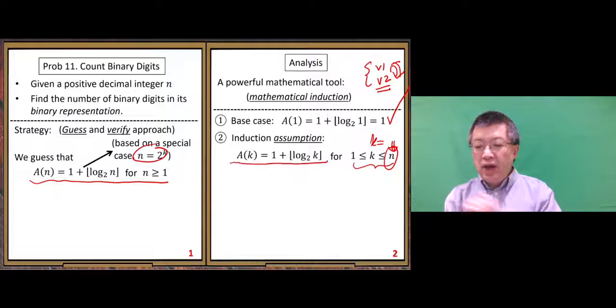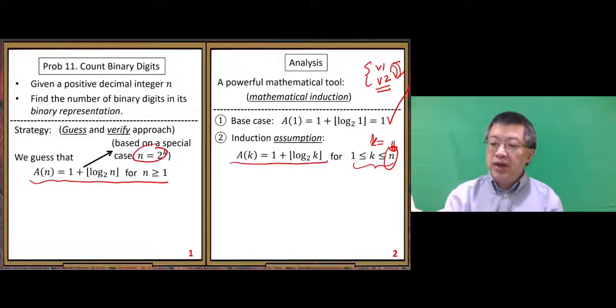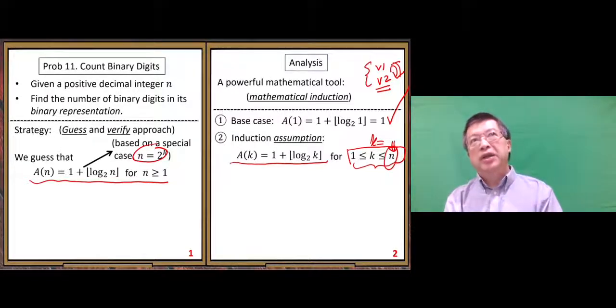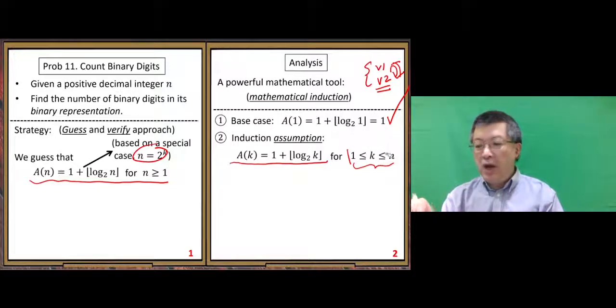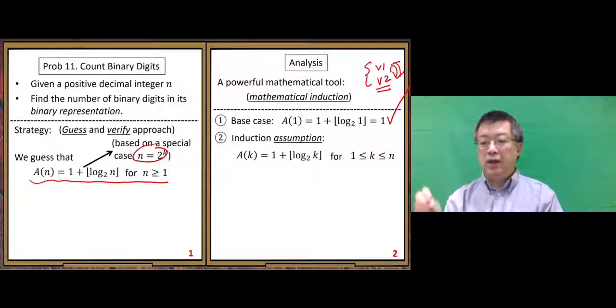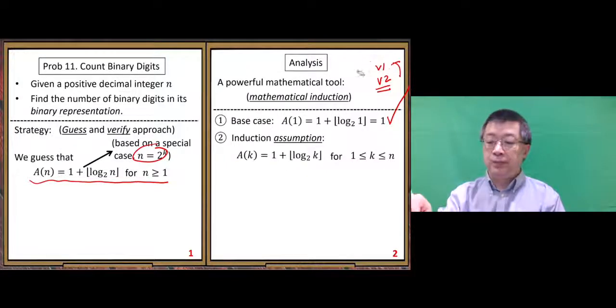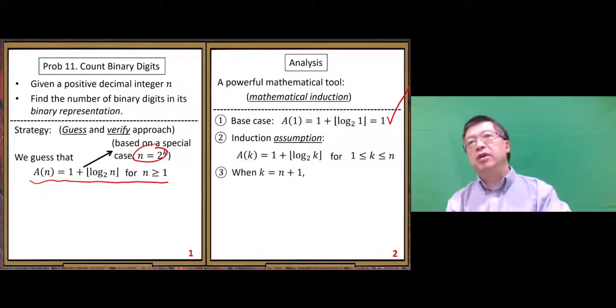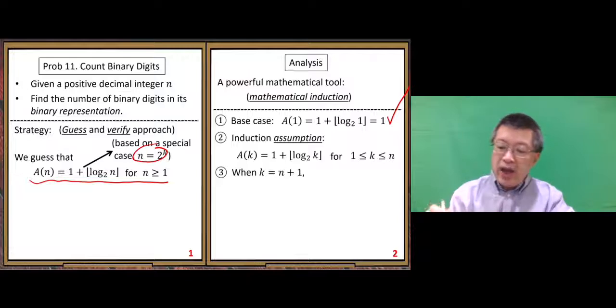But under the current situation, version 2 is easier to use than version 1. If you use version 1, in some steps you cannot apply this assumption, but with version 2, you can. We will see that. Now we are ready to work on the hardest step, step 3, when k equals n plus 1.